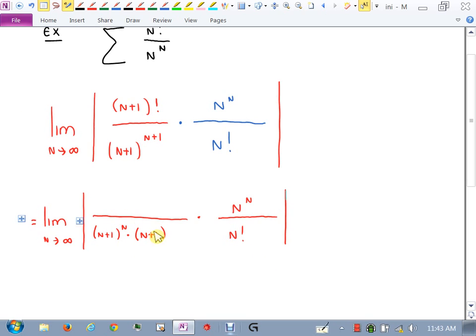It's usually the a sub n plus 1 that you break apart, and it starts canceling with stuff over here, right? How about over here? N factorial. Do you remember that we could write that as n plus 1 times n minus 1 and keep going down? But we could also write it like this.